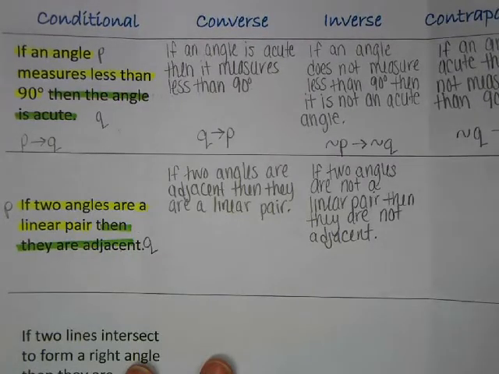And then the contrapositive is you have to flip the order and negate the statements. So you would say if two angles are not adjacent, then they are not a linear pair.